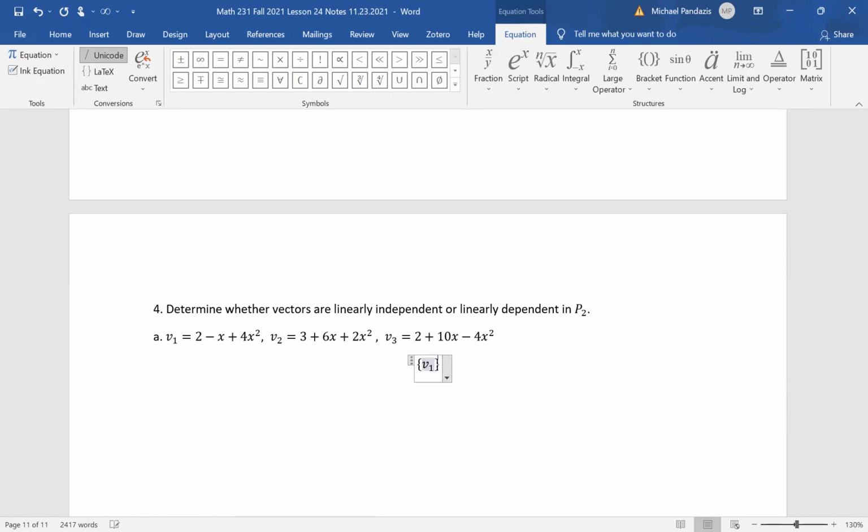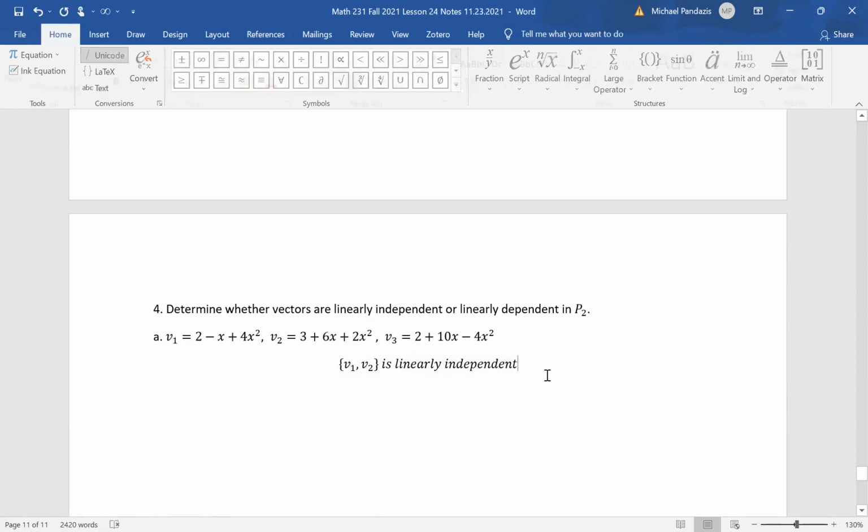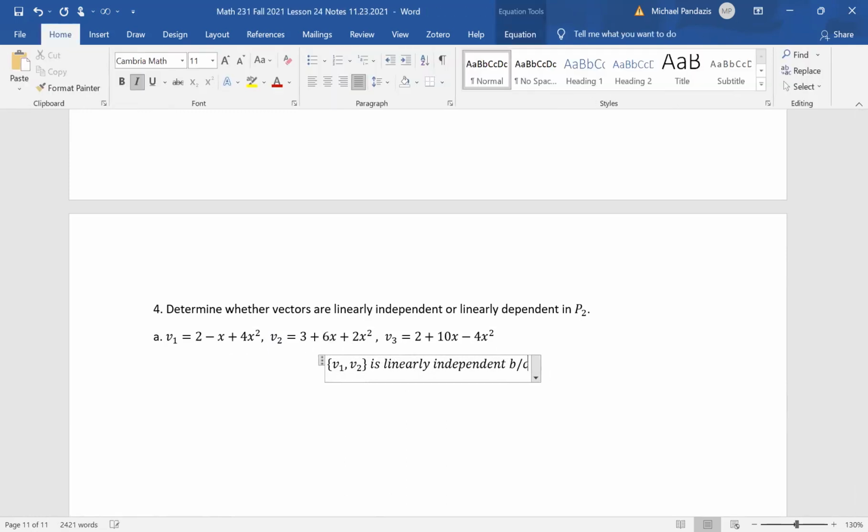Okay, so the set V1, V2 is linearly independent because neither of them are scalar multiples of the other. The only way to get V2 from V1 would be to multiply this by 3/2 because 2 would have to become 3. But if I multiply -1 by 3/2, I don't get 6. So V1, V2 is linearly independent as a set because neither V1 or V2 are scalar multiples of the other.